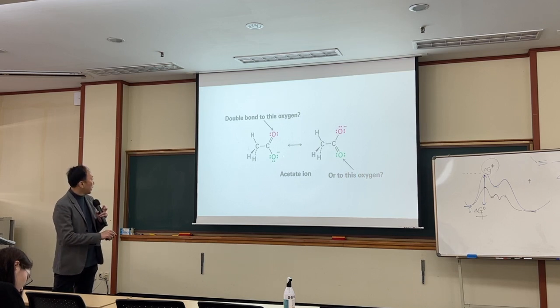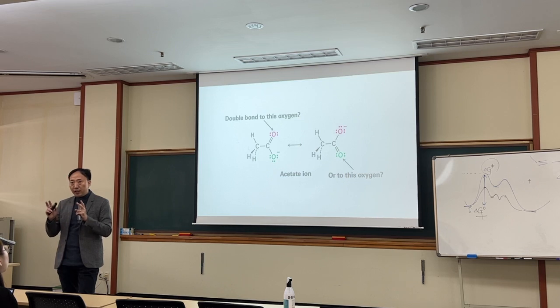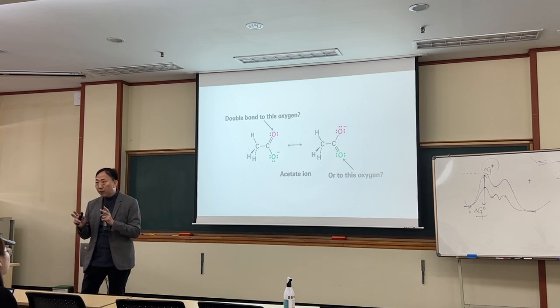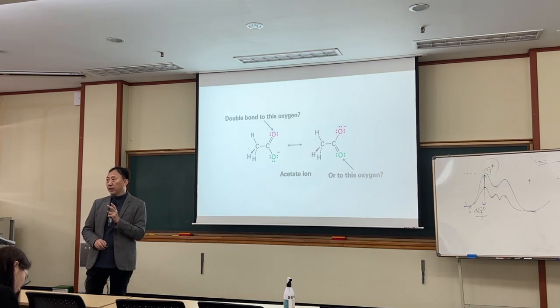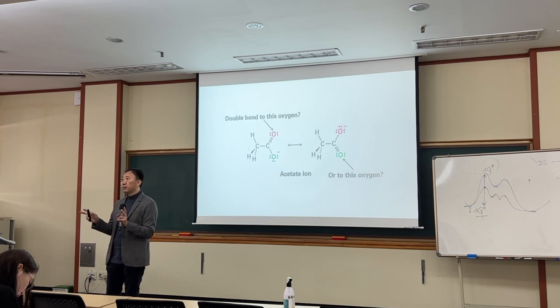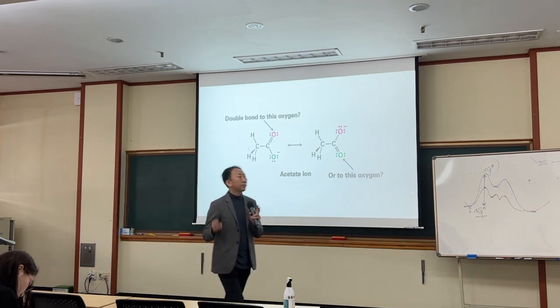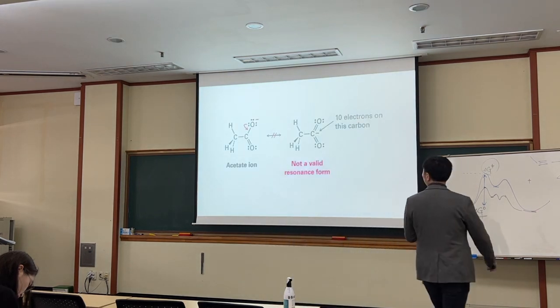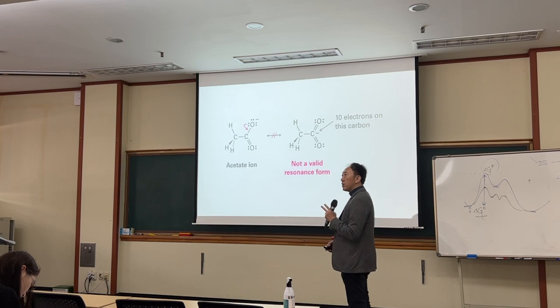If I put a proton here, is that resonance? It's not resonance. That's an equilibrium because hydrogen is moving in between the two. There is resonance only when they are fully negatively charged. Then they are symmetric here. Okay, now this is the resonance structure.